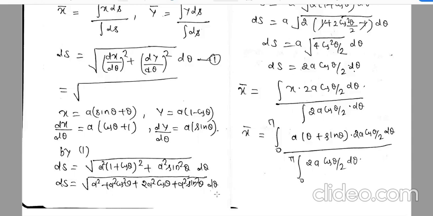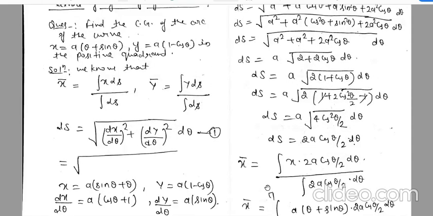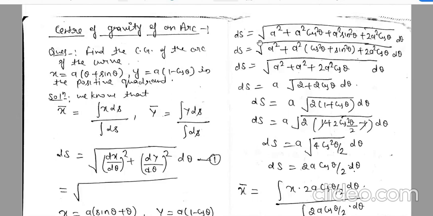A square is common, and cos square theta plus sin square theta is 1, so after solving this you get ds is equal to a square root of (2 plus 2 cos theta) d theta.